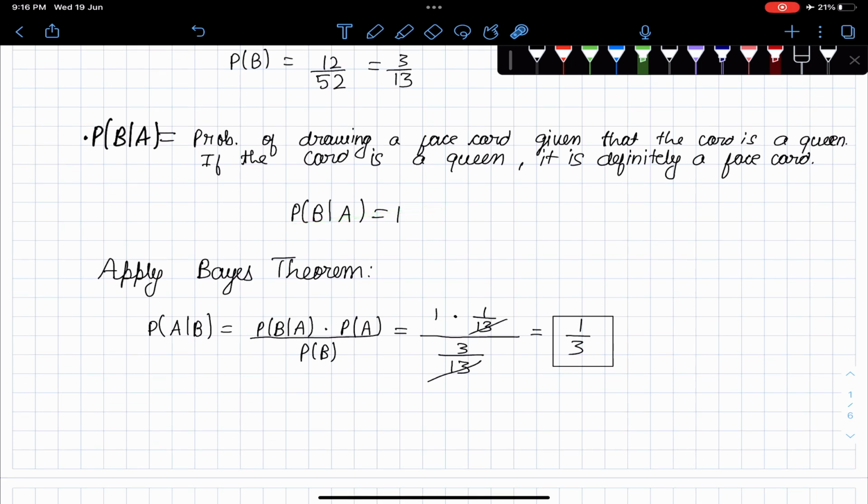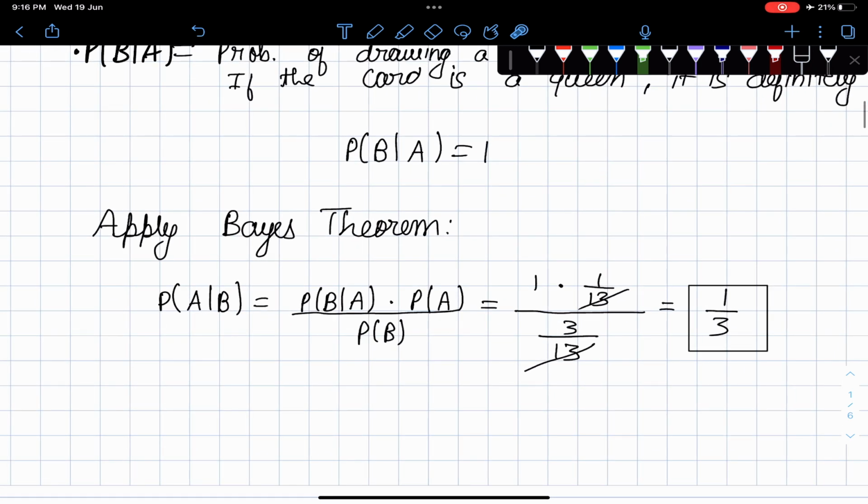Now we have to just apply it in the Bayes theorem. What is the probability of getting a queen card given that it is a face card? We just have to put in all the probabilities used in the Bayes theorem. The first probability is the probability of getting a face card given that it is a queen card, which we found earlier is one.